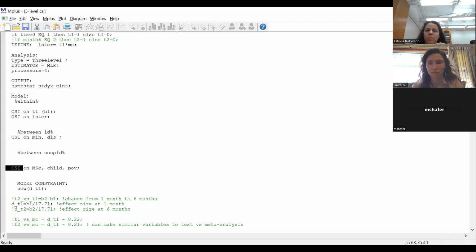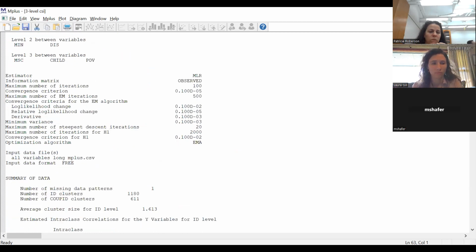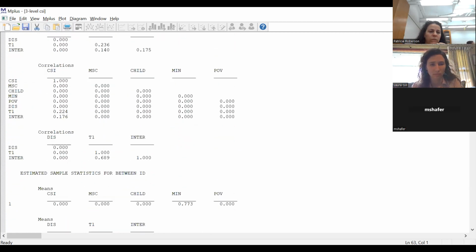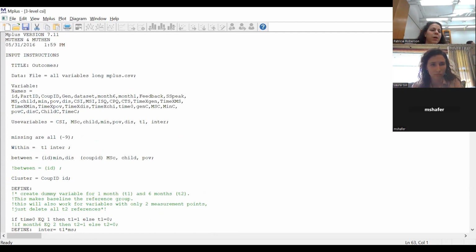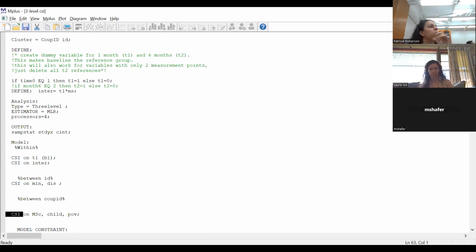Okay, so the outcome. I'm gonna take it all back. I actually modeled this differently, I forgot. I bootlegged this model a different way, so ignore this if it confuses you. I looked at the regression of CSI on time, assuming that regression model and centering it.